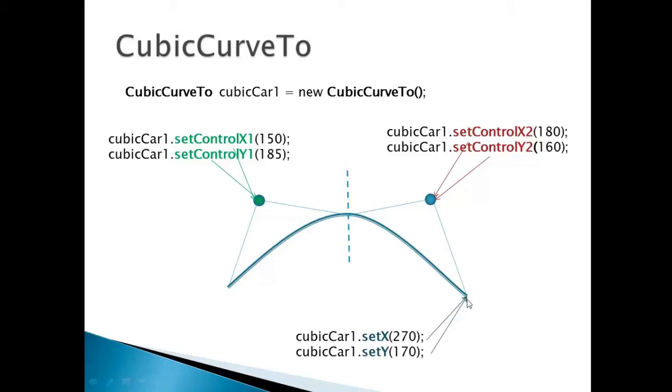Okay. In addition to this, we need to set two control points. So set control x1 and set control y1 will define the coordinates of the control point, this one, the one on the left.